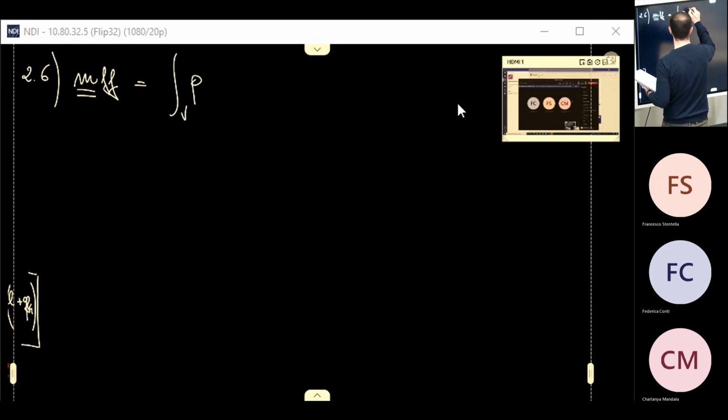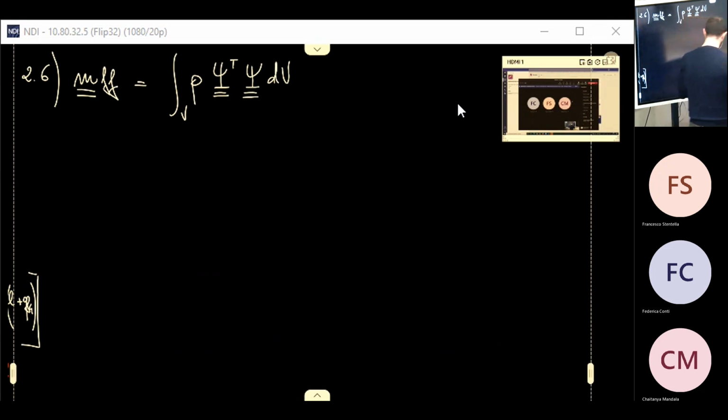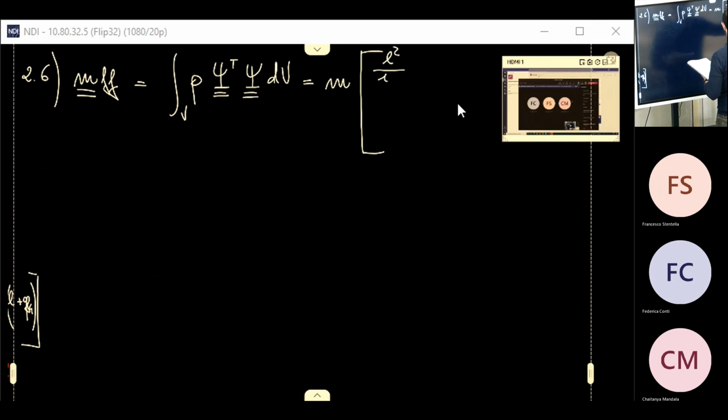So we have MFF. MFF that we have seen could be defined as rho psi transposed applied over psi. If you do the calculation, you get something very simple. Like so.